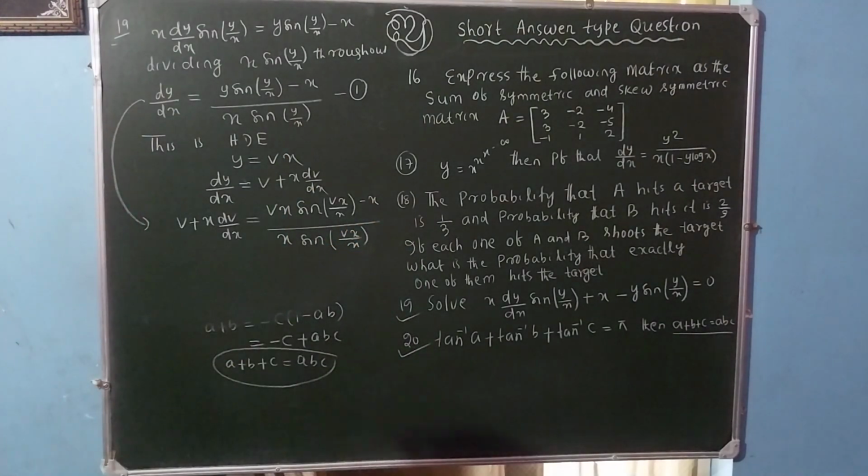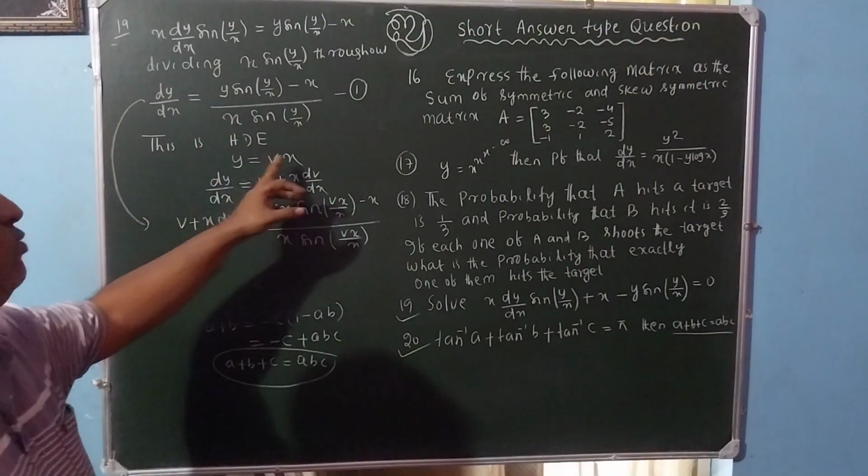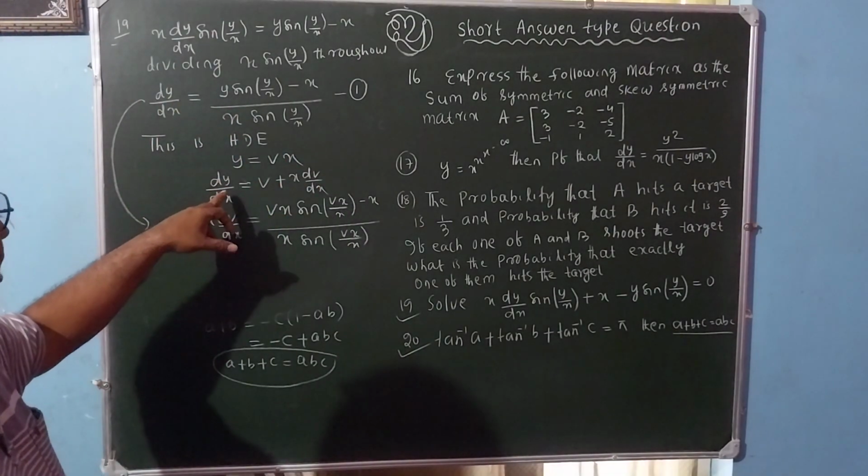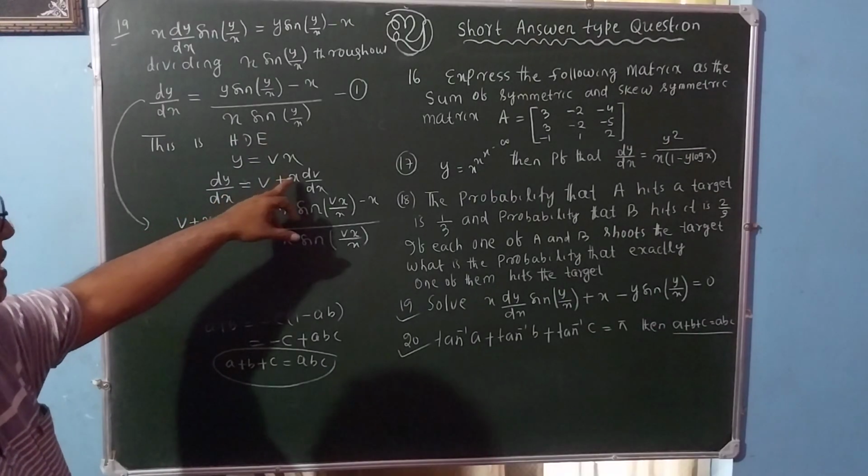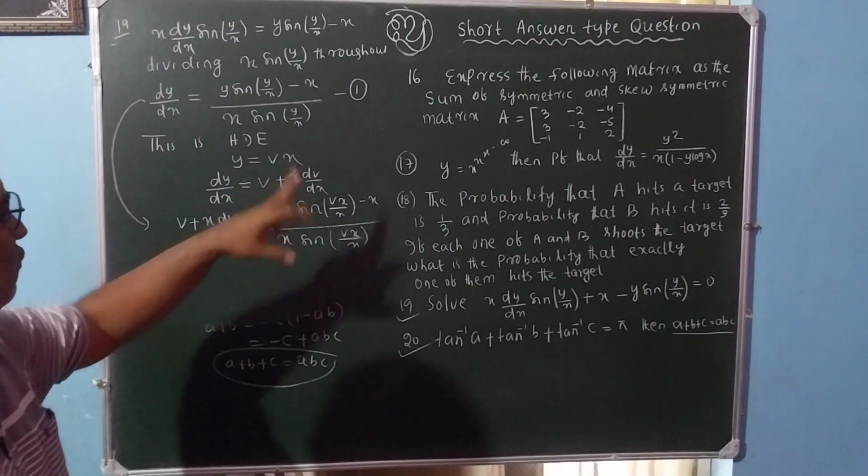When it is a homogeneous differential equation, always put y equal to Vx, then dy by dx is equal to V plus x dv by dx, applying the product formula.